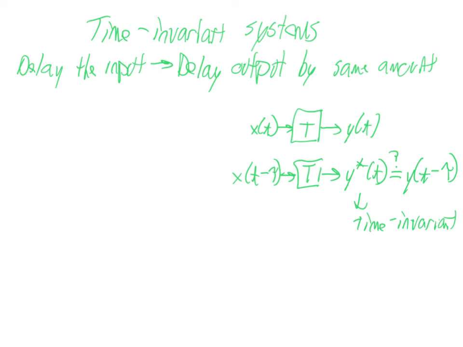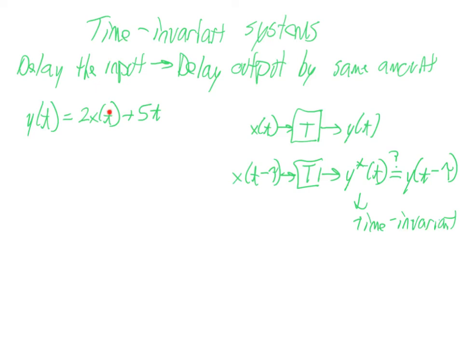So let's give an example. Let's say our output is equal to twice the input plus 5 times time. This would be an example of a system that is not time invariant because I have this ramp of time being added to all signals.